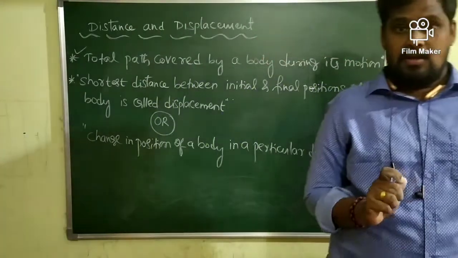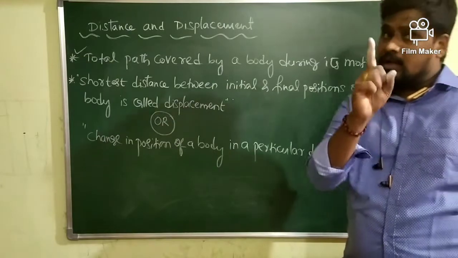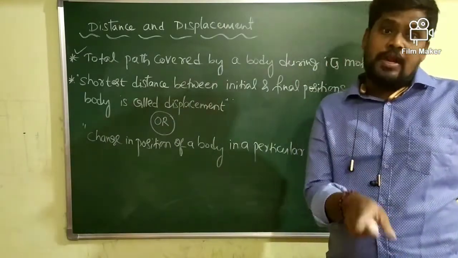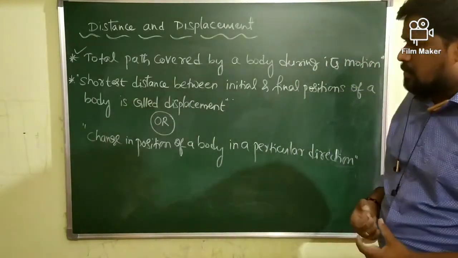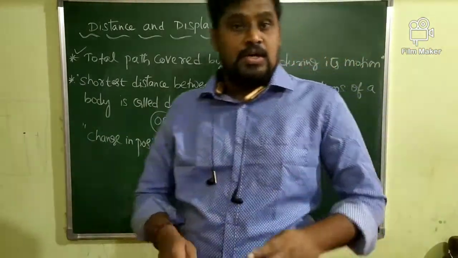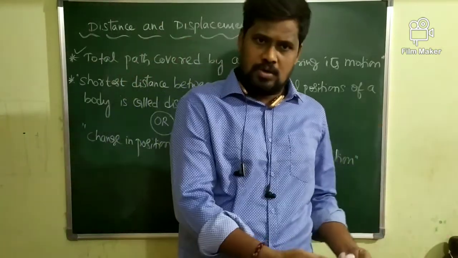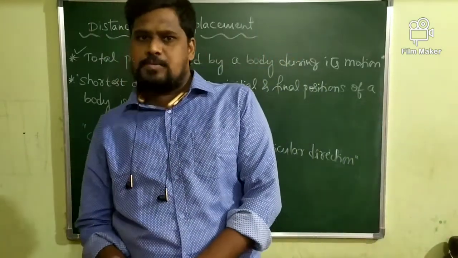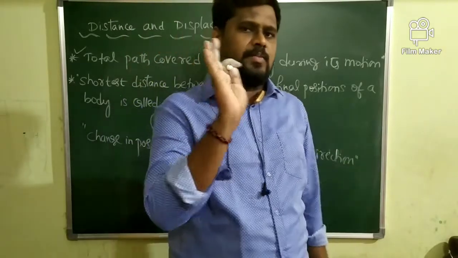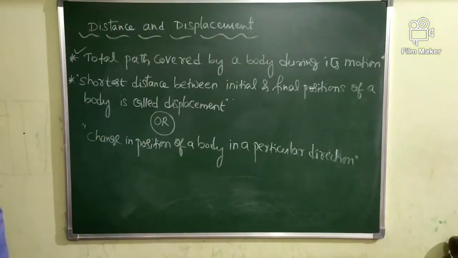You know very well, if for the description of a physical quantity you take direction into account, such physical quantities are called vectors. If you are not taking direction into account, such physical quantities are called scalars.